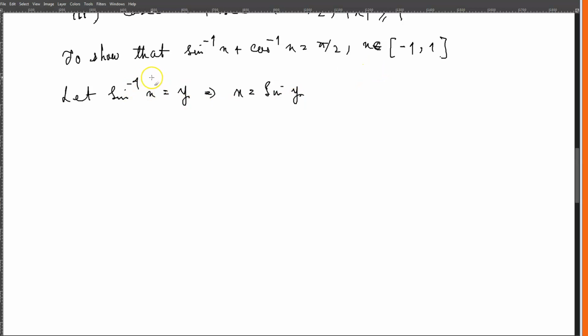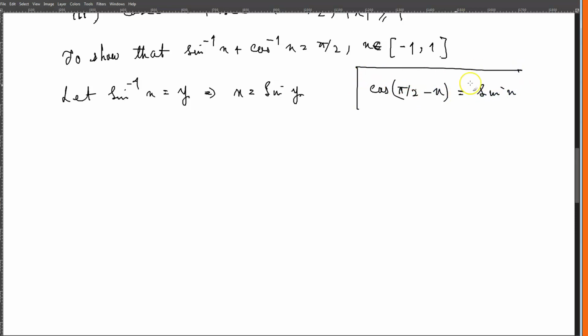And we said that we could let sine inverse of x be equal to y, which means that x is equal to sine of y. Now sine of y, you can write it as cos of pi by 2 minus y, because we said that the cos of pi by 2 minus x is equal to sine x.